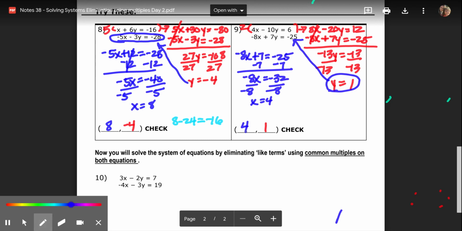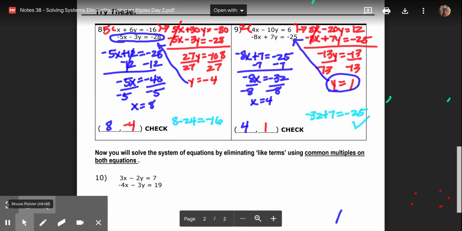So now I'm going to check it. I'm just going to go ahead and use that bottom equation. So negative 8 times 4 is negative 32. 7 times 1 is 7. Plus 7. Does that give us negative 25? And yes, it does.